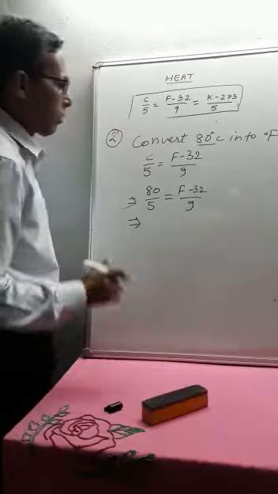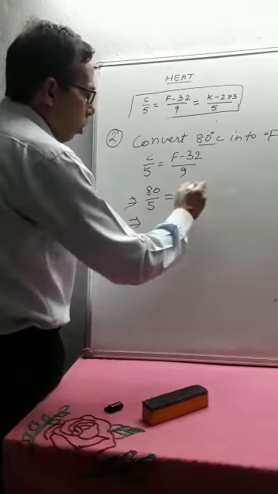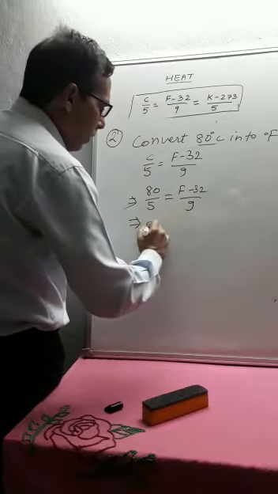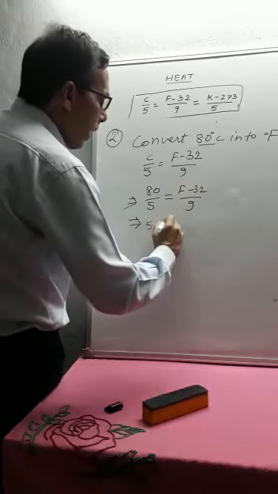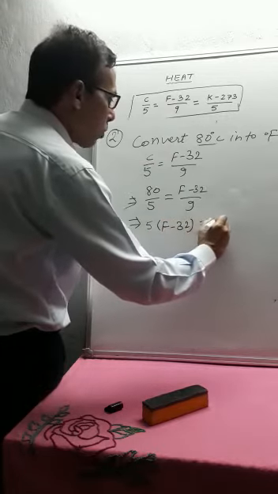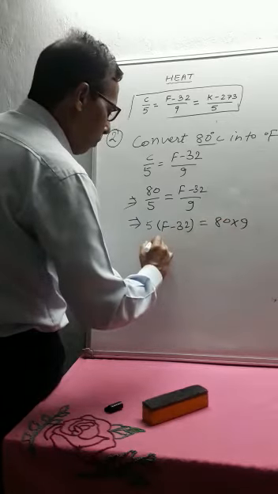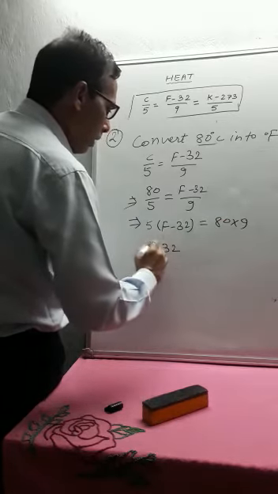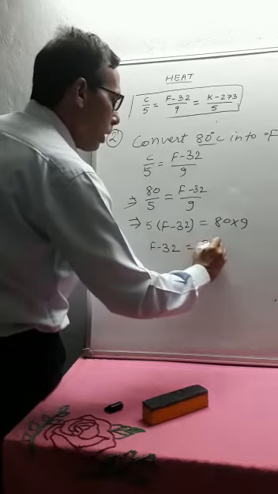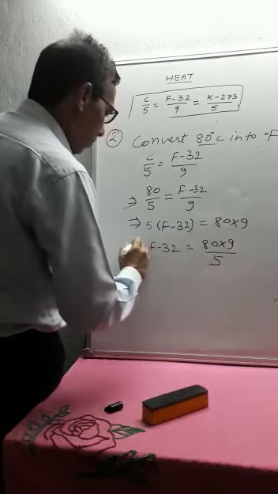This implies that after cross multiplication, 5 into (F - 32) is equal to 80 into 9. So F minus 32 is equal to 80 into 9 divided by 5.